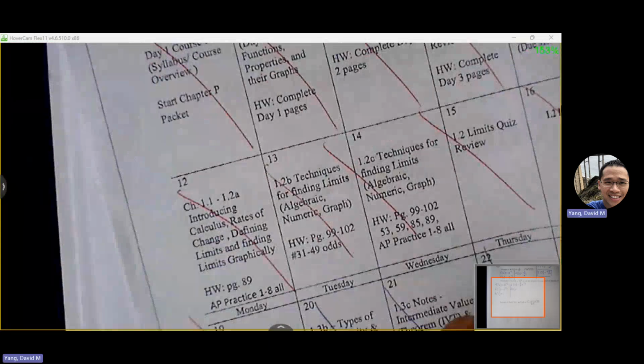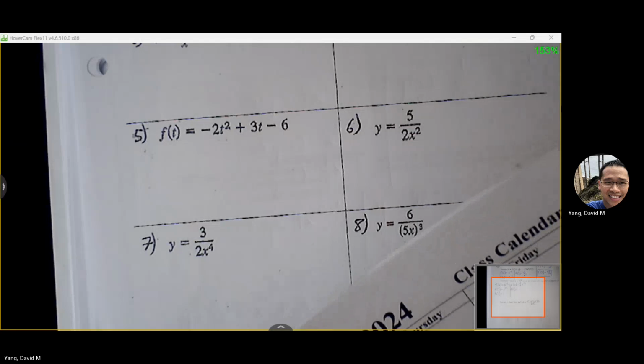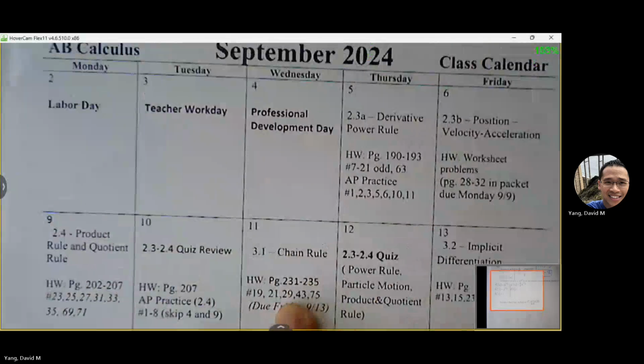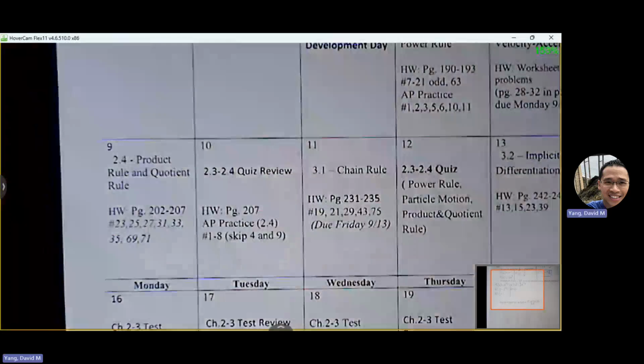All right, your homework. Okay, so let's make sure we can find that. This is page 190 to 193.